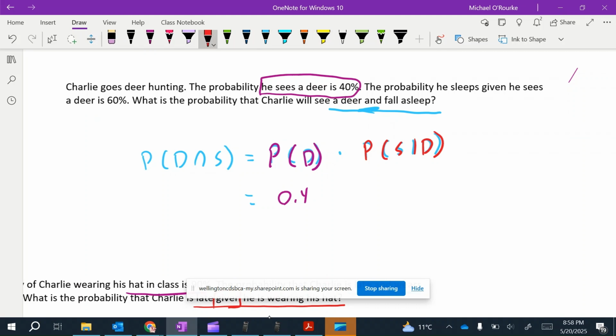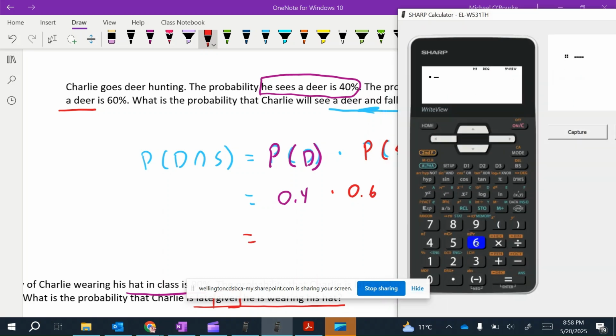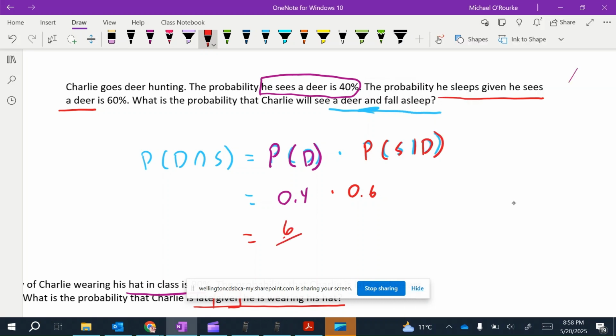The probability he falls asleep given he sees a deer is 60%. So we're going to go 0.6 times 0.4, which is 6 out of 25, or 0.24 or 24%.